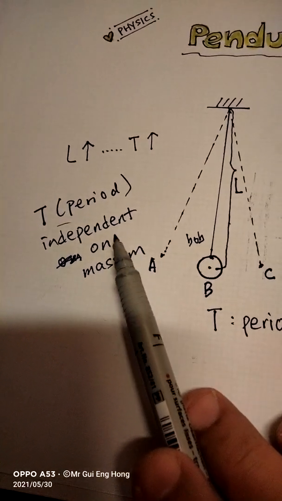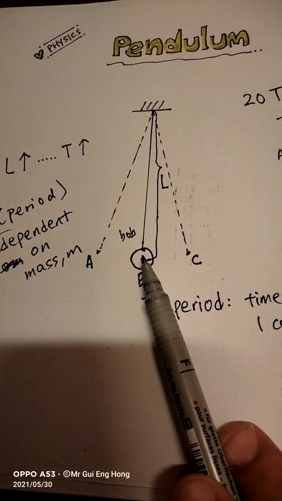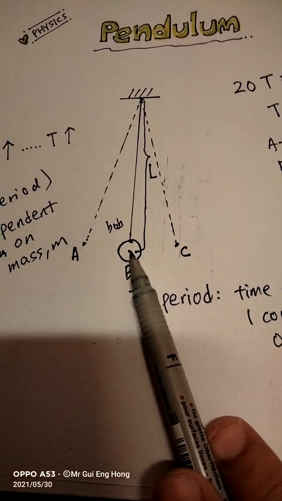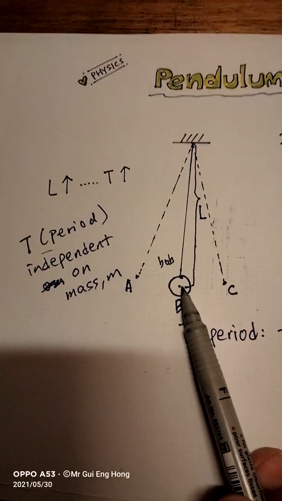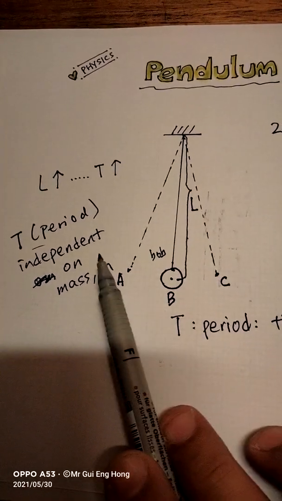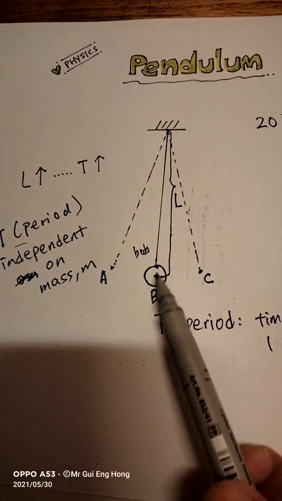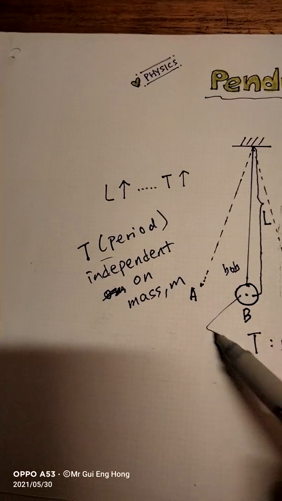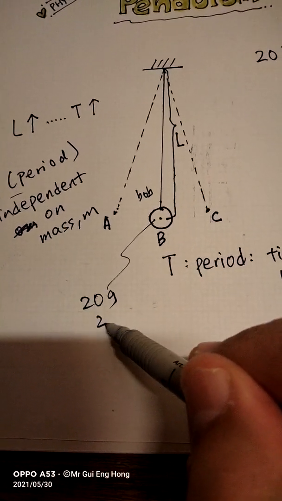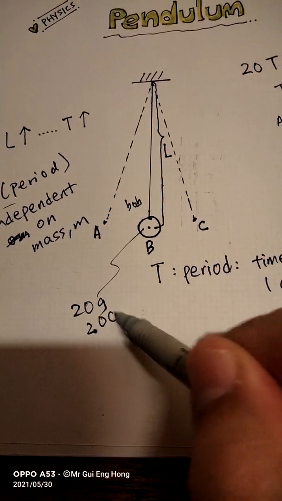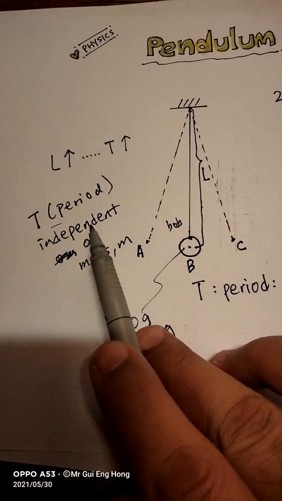Counter to our intuition, even if we change this mass to a heavier bob with the same size. Now if we neglect air resistance, the periodic time of the pendulum only depends on the length and not the mass, which means that whether I use 20 gram or 200 gram for the bob, the periodic time will be the same.